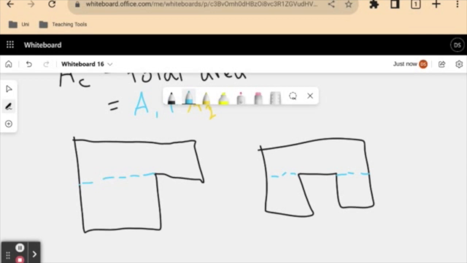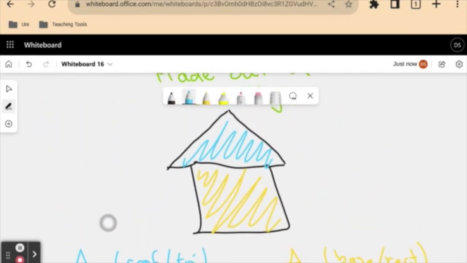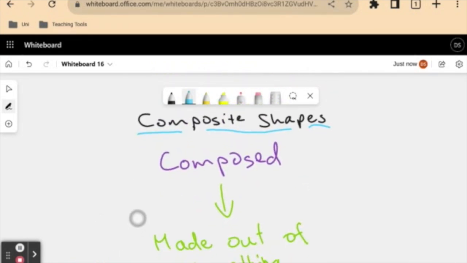No matter which way we break it up, which orientation of shapes we choose, we will still have the same area making up our composite shape. So in the context of area, our composite shapes have their areas calculated by the sum of the areas of the shapes that make this up.